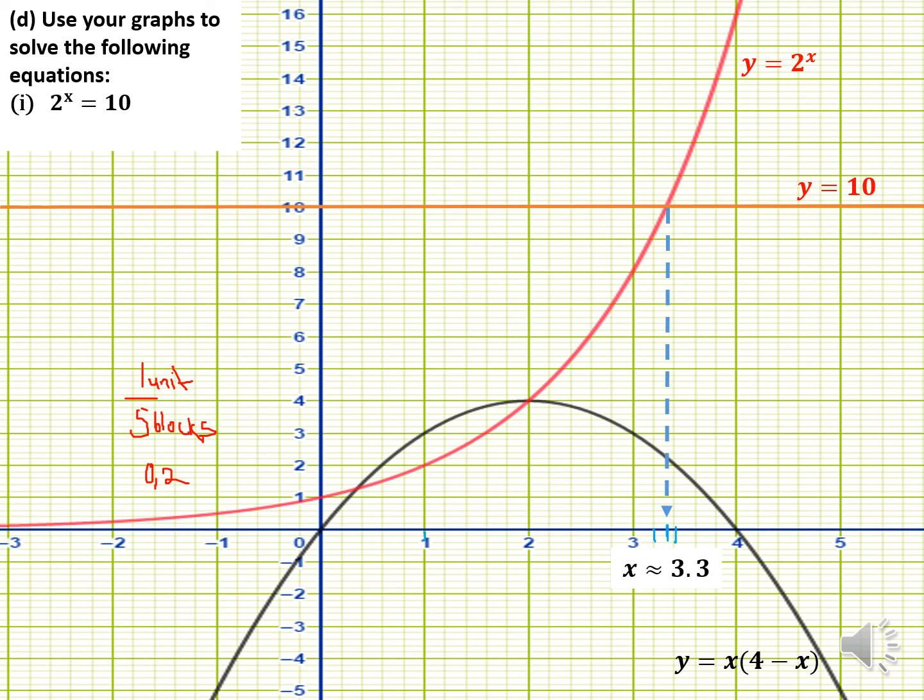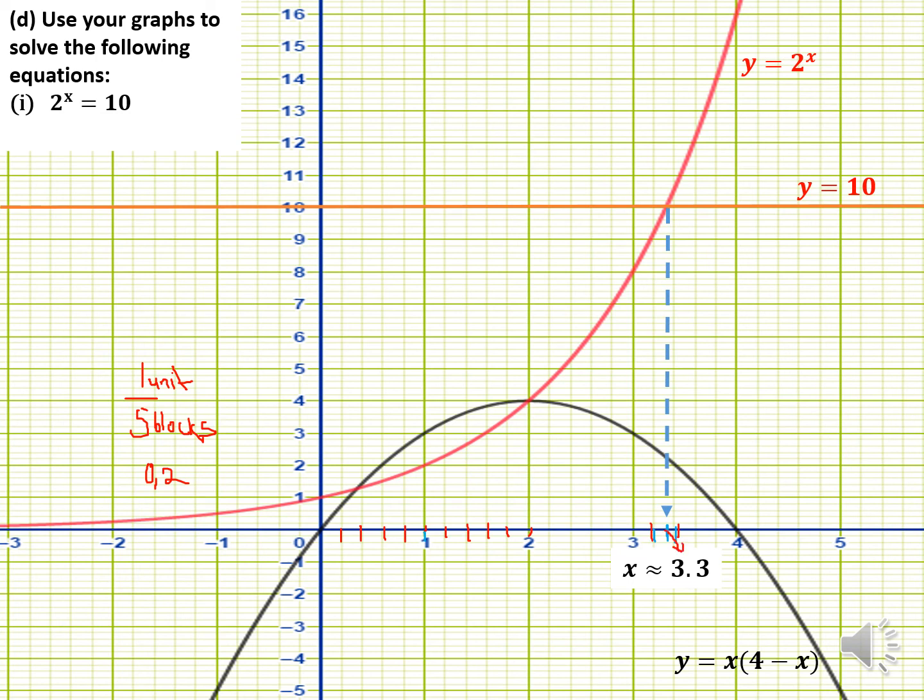So this is 0.2, 0.4, 0.6, 0.8, then you have 1, 1.2, 1.4, 1.6, 1.8, then you have 2. So if I have 3.2, 3.4, in between here is where I find this particular value.